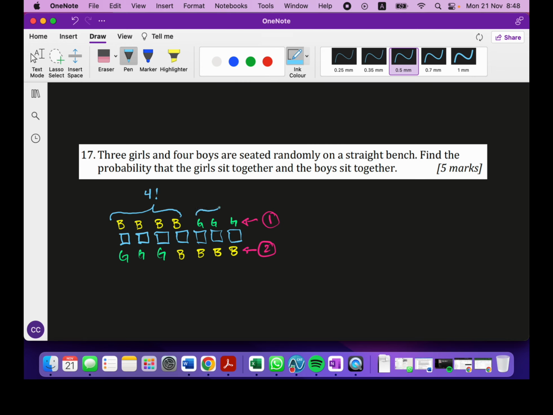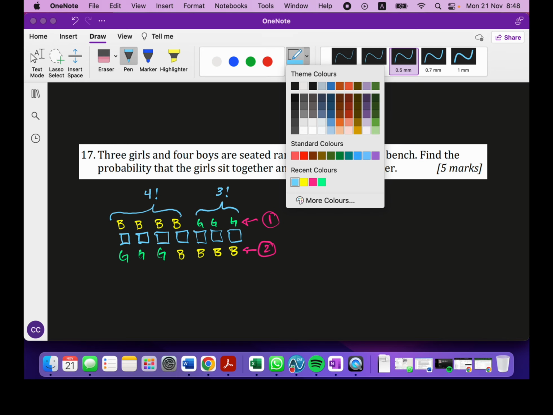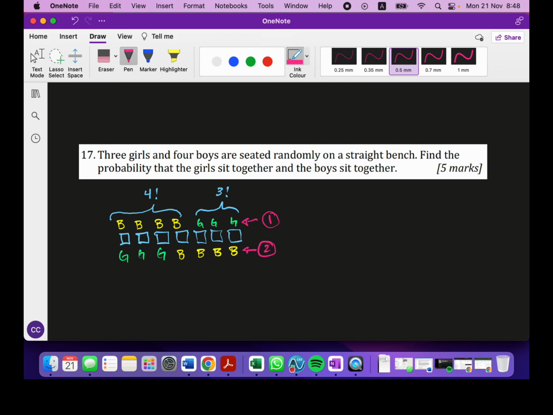Similarly, to organize the girls, this would be 3 factorial. And obviously, hopefully you see that it's the same on the other side. So if there's two different ways of doing this, then the number of ways that we could organize this is 2 times 4 factorial times 3 factorial.